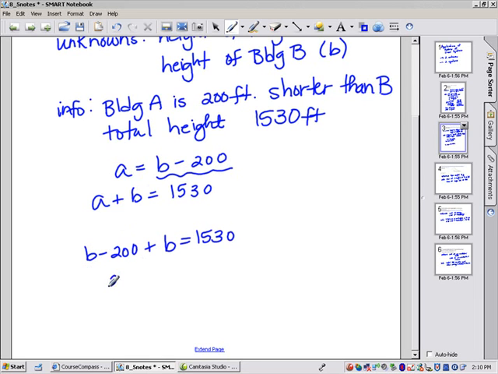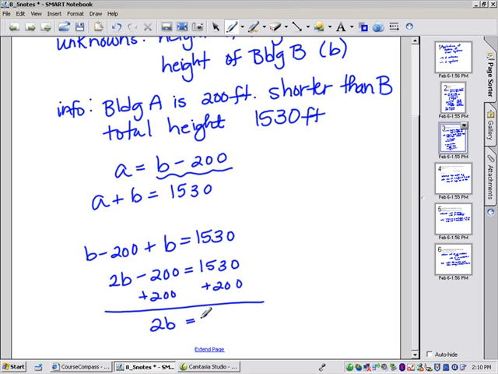So combining like terms, we get 2B minus 200 equals 1,530. So we can add 200 to both sides to give us 2B is equal to 1,730.